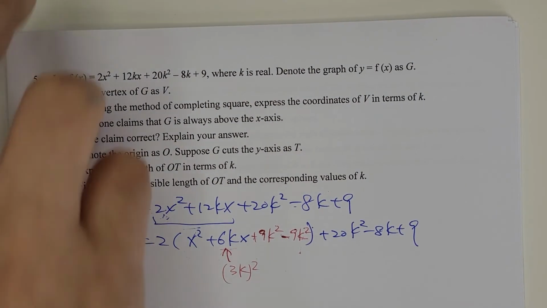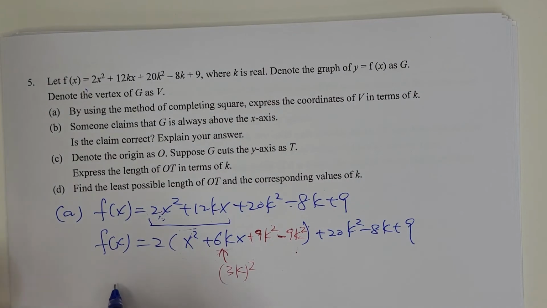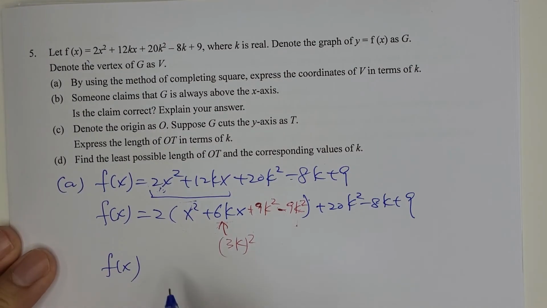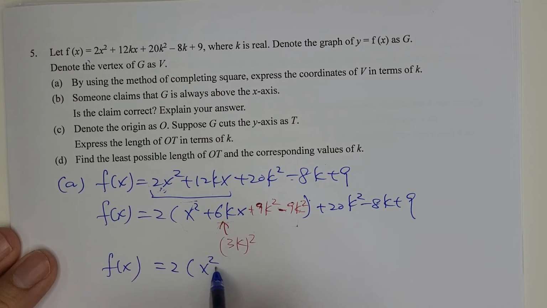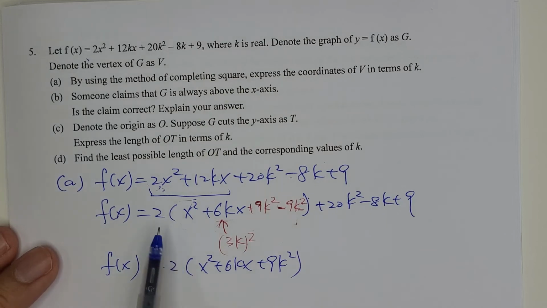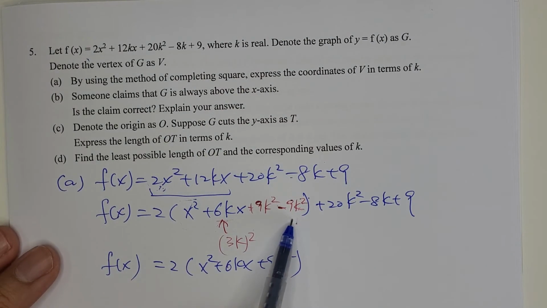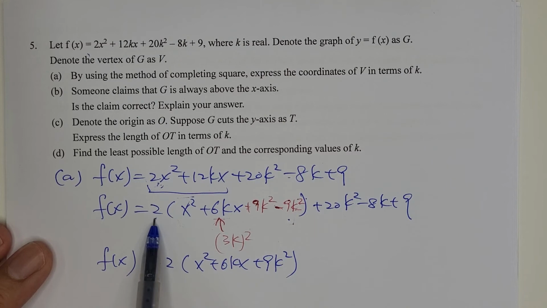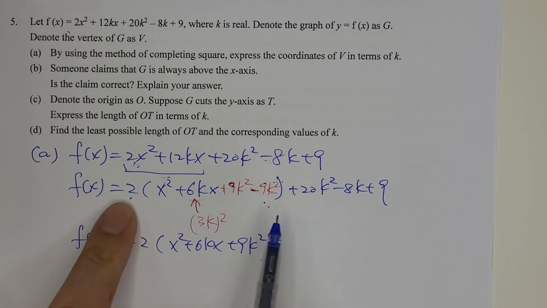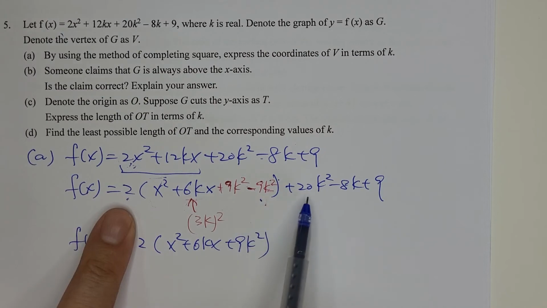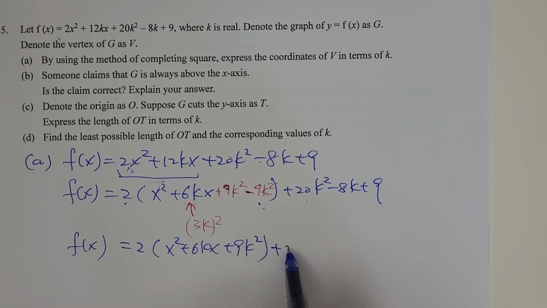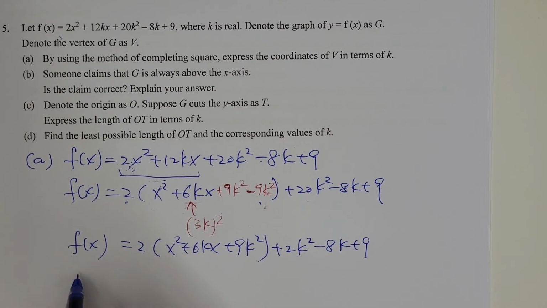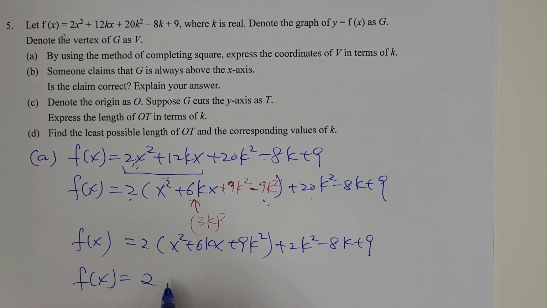So after that, the first 3 terms become x squared plus 6kx plus 9k squared. And for this negative 9k squared, you multiply by 2. Okay, take it out. So 2 times negative 9, negative 18, plus 20k squared. So there's a plus 2k squared minus 8k plus 9. And hence, you can find this standard format of the perfect square.